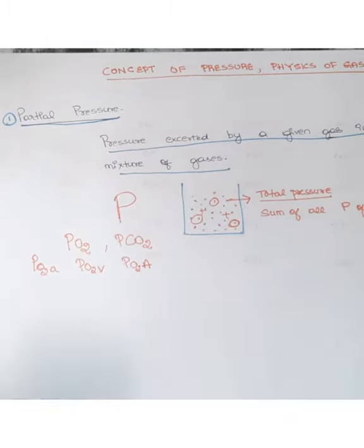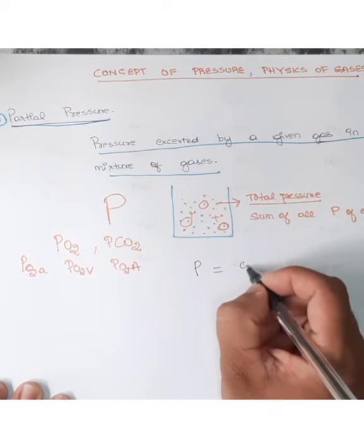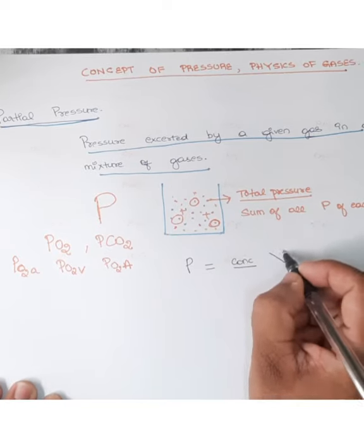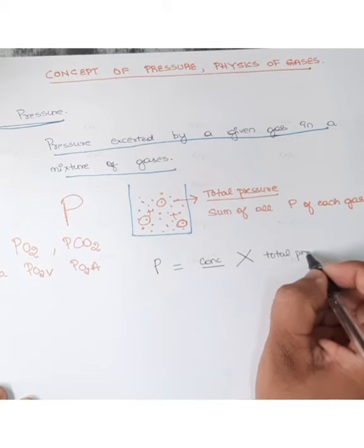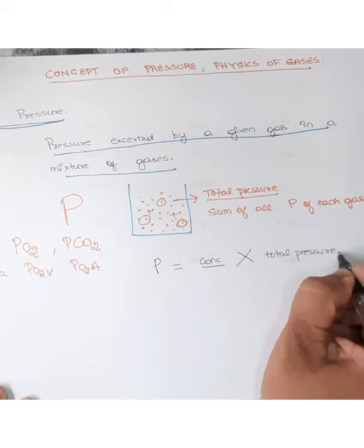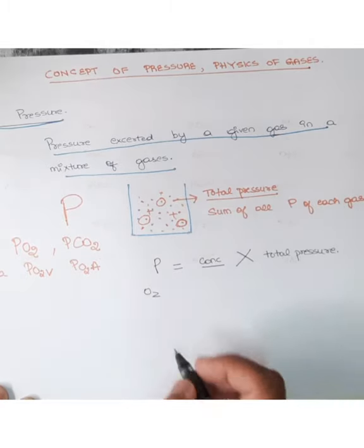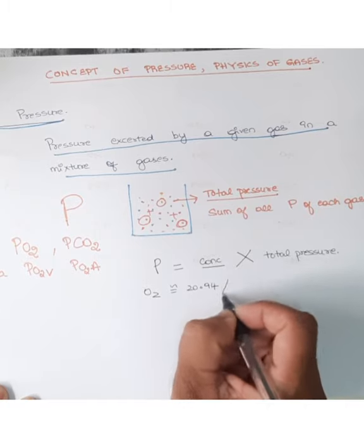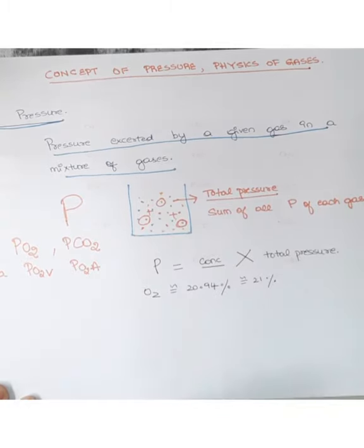So how do you get partial pressure? It is found by multiplying the concentration of a gas by the total pressure. For example, oxygen content in dry air is about 20.94%, or approximately 21%.